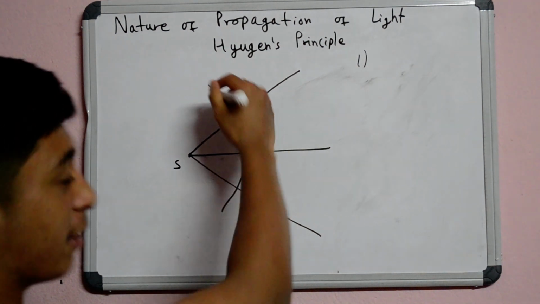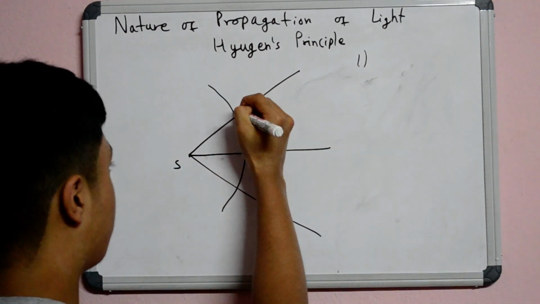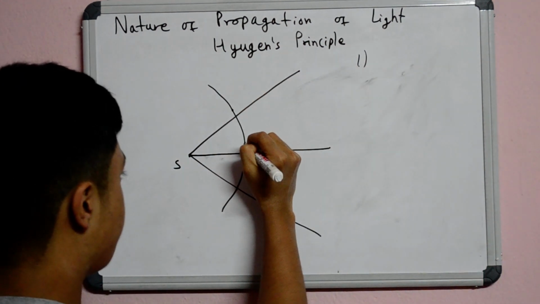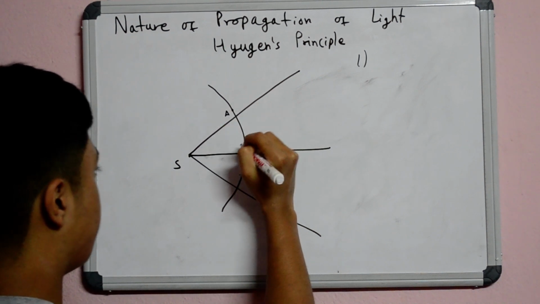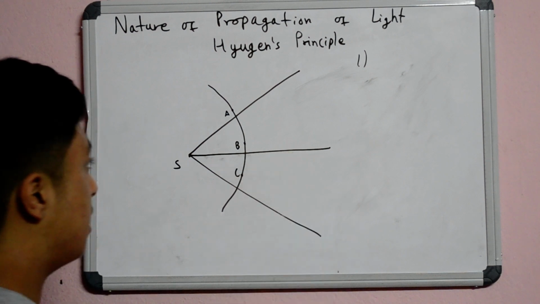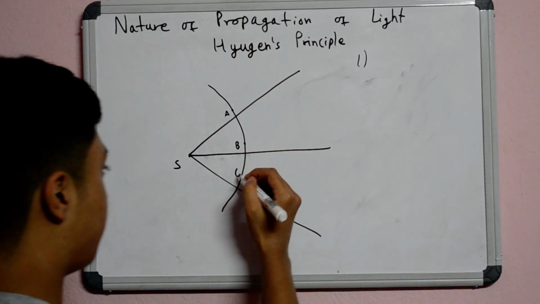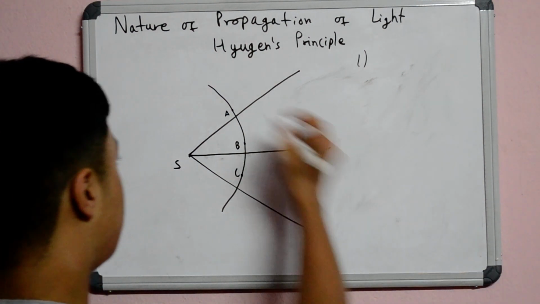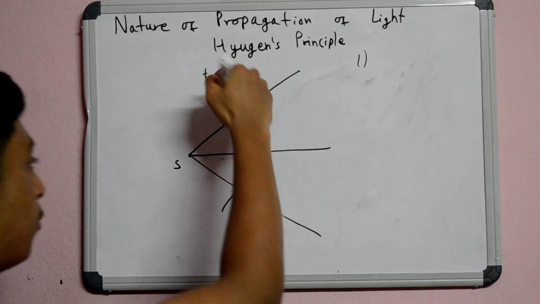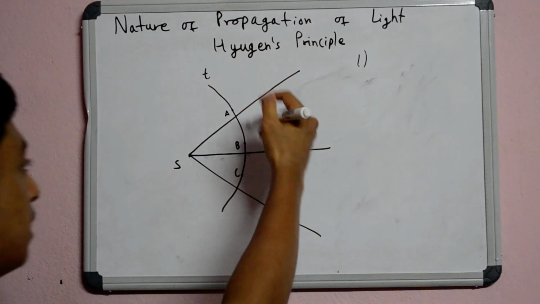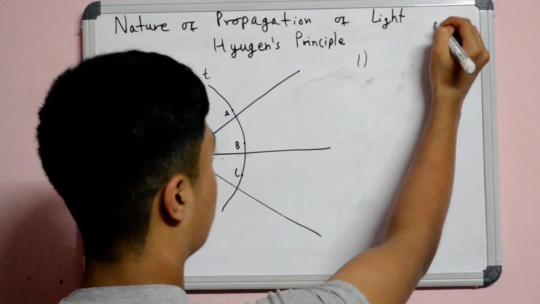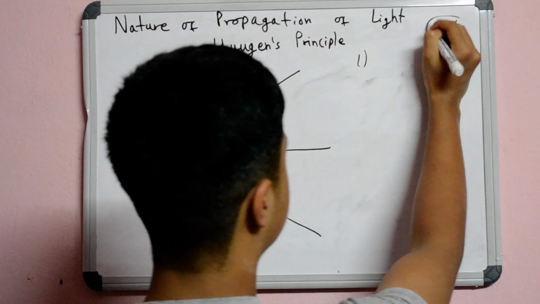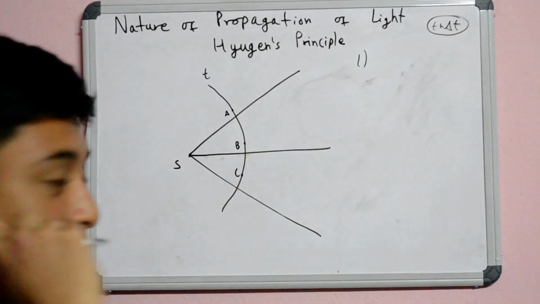So here there are an infinite number of points, but for now let's just take 3 points like this. So here A, B, C. Now here they will have a certain radius. Let's just say it took time t for the primary wavefront to get here, and the secondary wavefront took time t plus delta t, which is a small change in time.